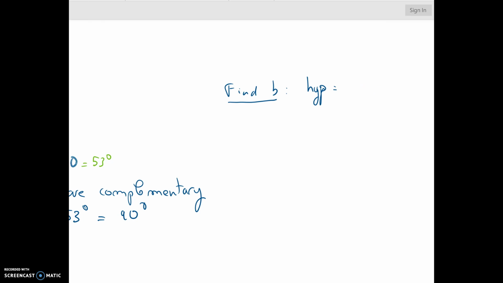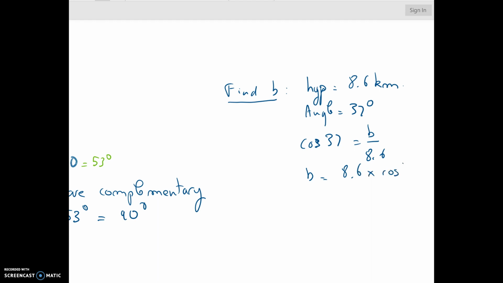I know that the angle is 37 degrees, and I know that the cosinus of 37 equals B over 8.6. Therefore, B will be equal to 8.6 multiplied by cosinus 37.